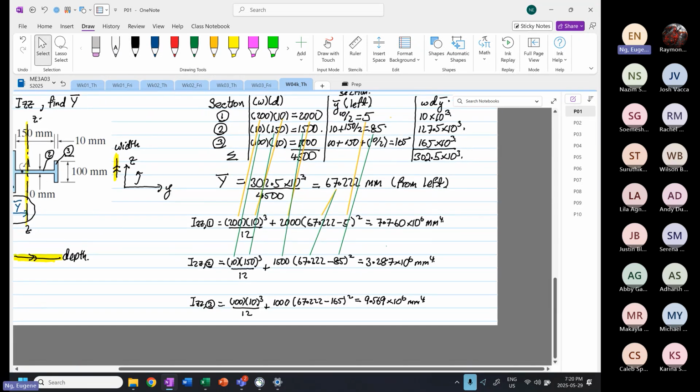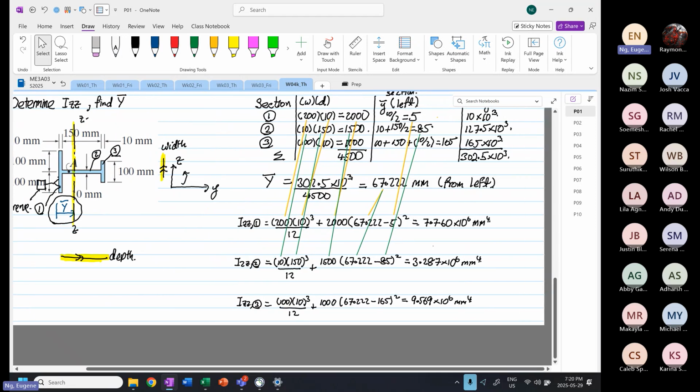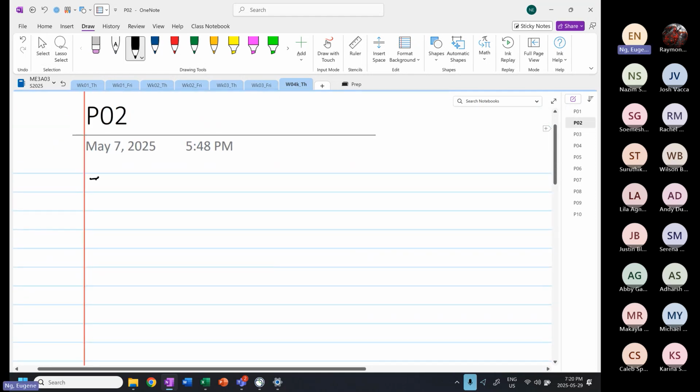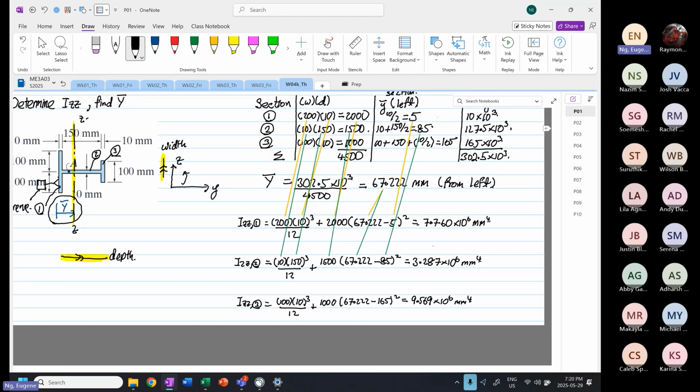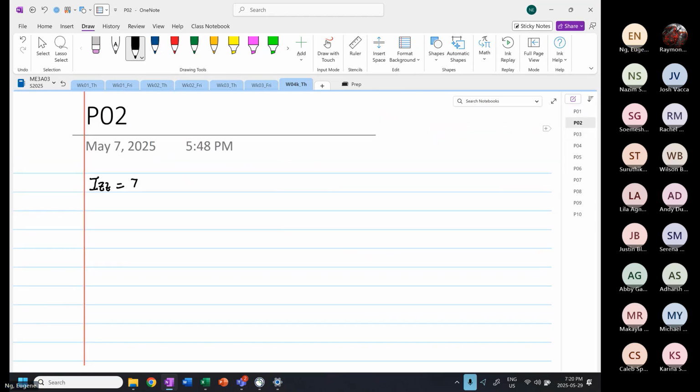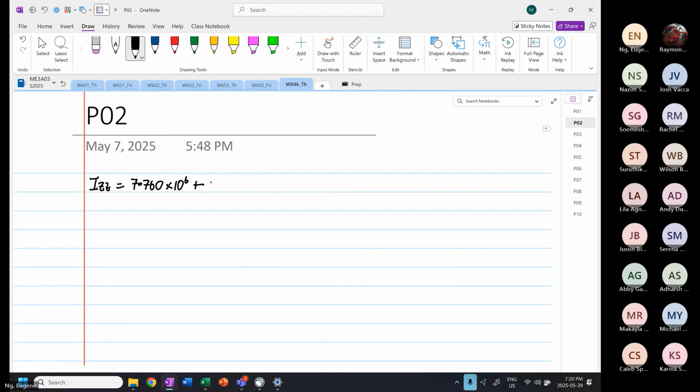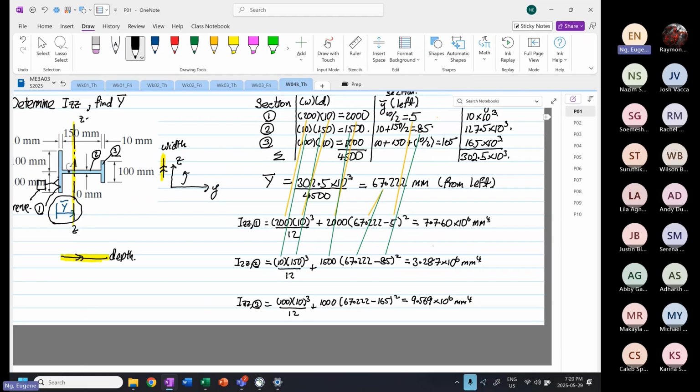Okay. So all we need to do now is add all of them together. So from here, we know that IZZ will be equal to 7.760, and then we're going to have 3.287, and then 9.569.